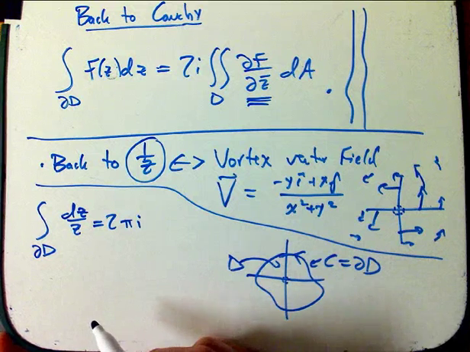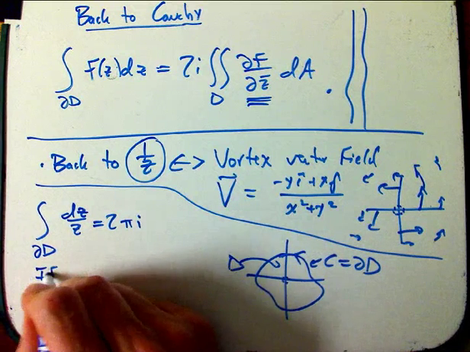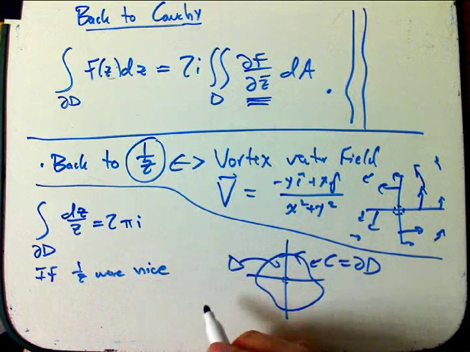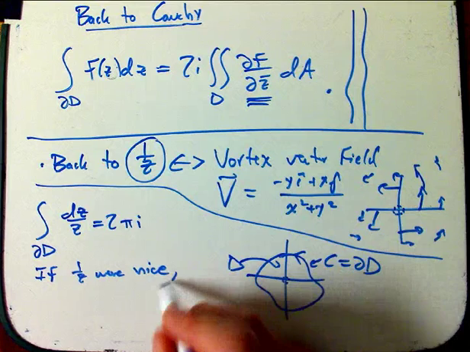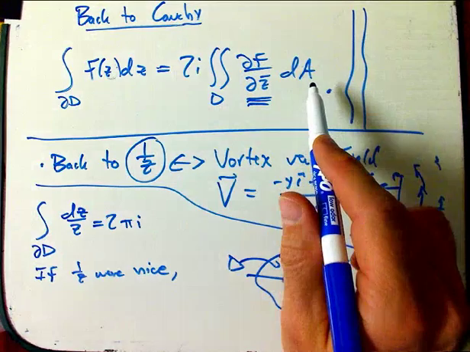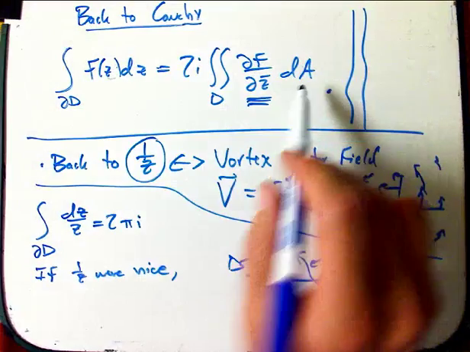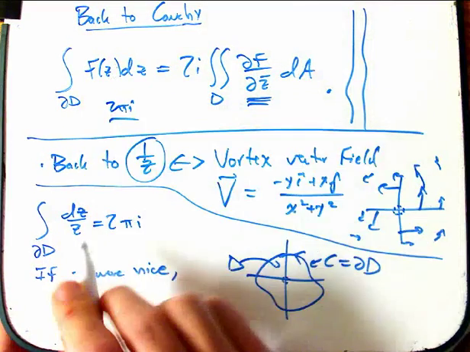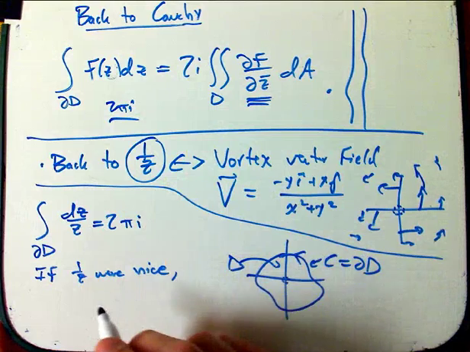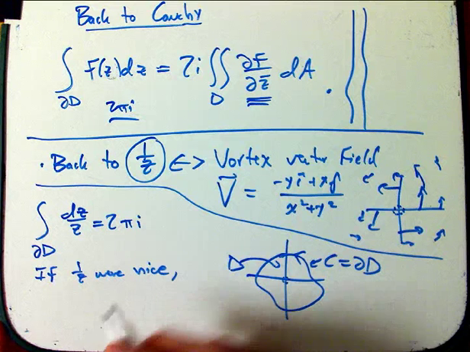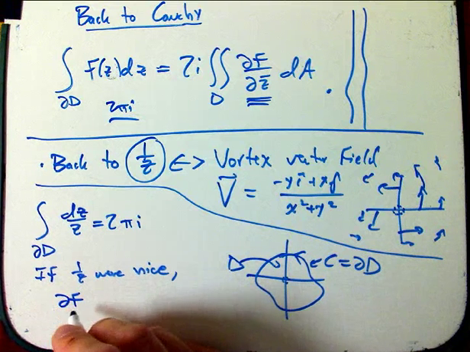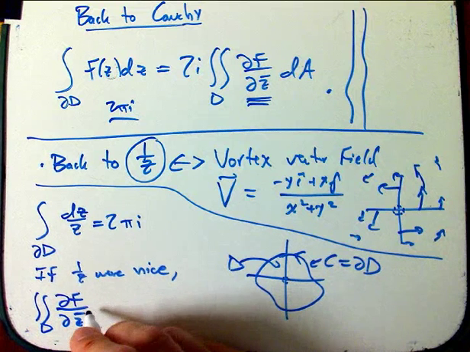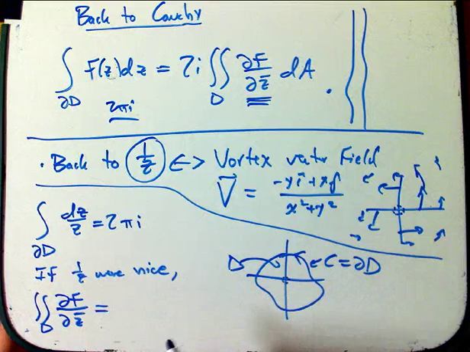Now, if 1 over z didn't have a singularity, if it were a nice function at the origin, what would this tell us? We could use this and say, okay, this is 2 pi i. If that's 2 pi i, then I can cancel the 2 and the i. And so I would say that the integral over that whole interior of df/dz bar would equal pi.